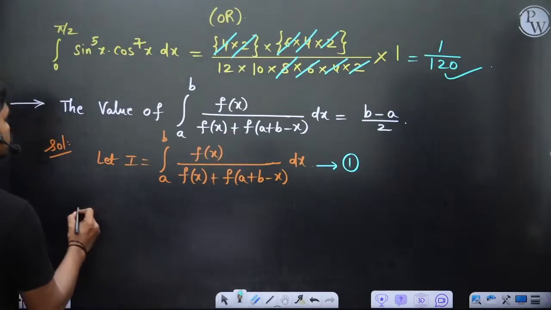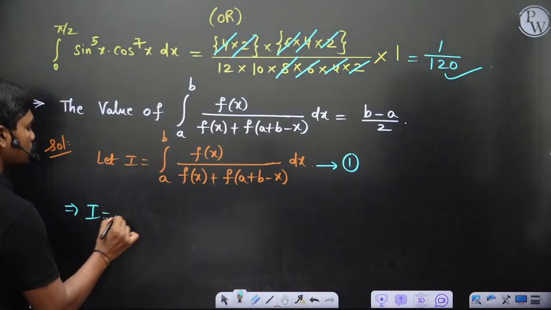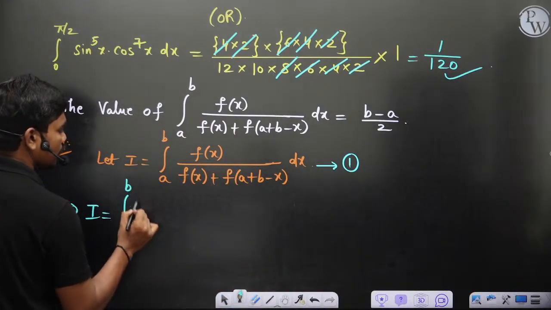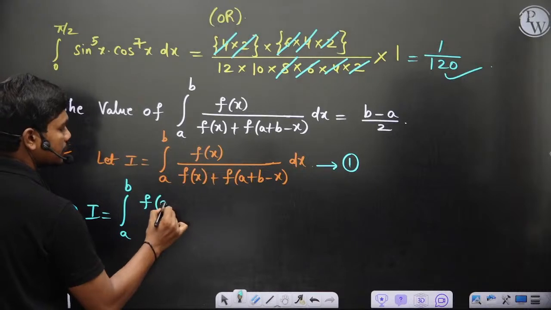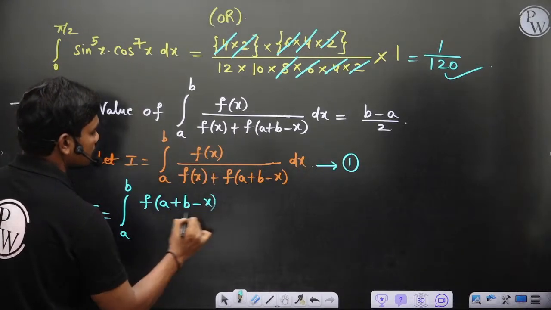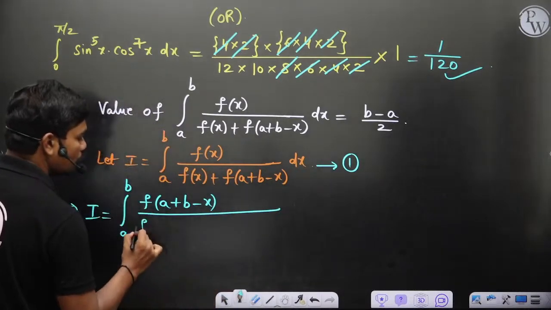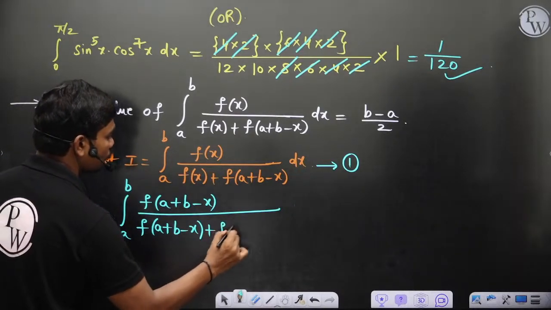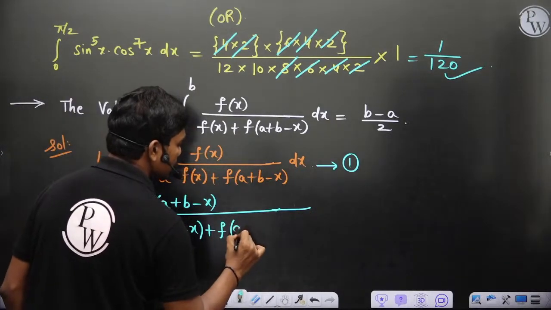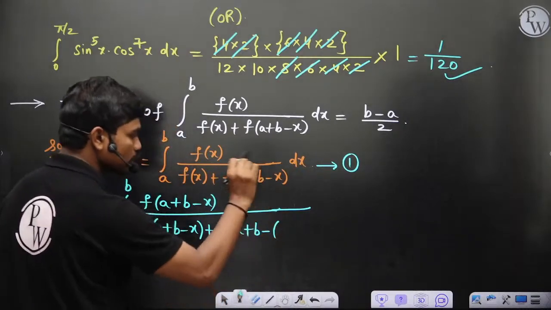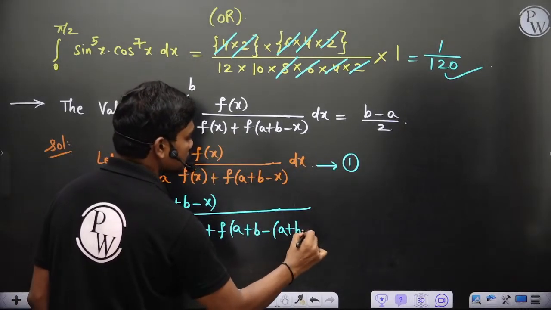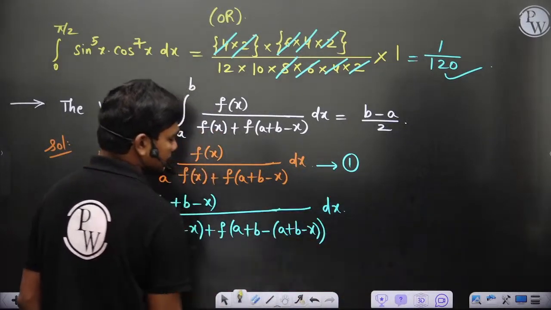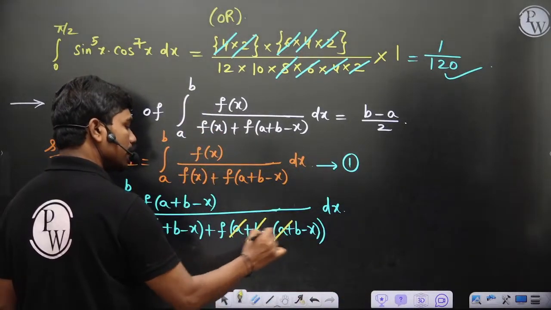So I is equal to the integral from a to b, in place of x I am replacing a plus b minus x, divided by f of a plus b minus x plus f of a plus b minus, in place of x, again a plus b minus x, of course, dx. Now if you simplify these results, the a and a, b and b get cancelled.